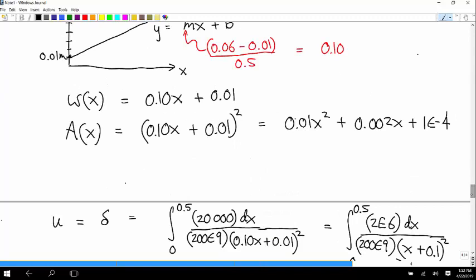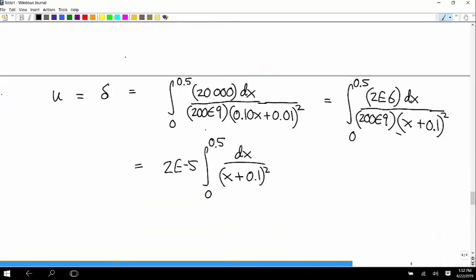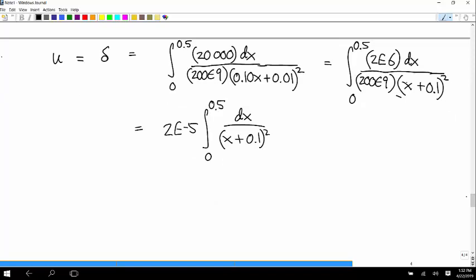Notice by the time we wrote this integral down, we were done with the concept. Now we're just integrating this thing that's sort of ugly because that function is in the denominator. But I was just going to use substitution.